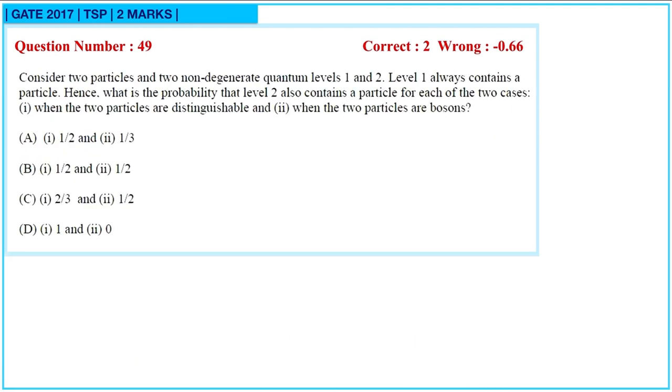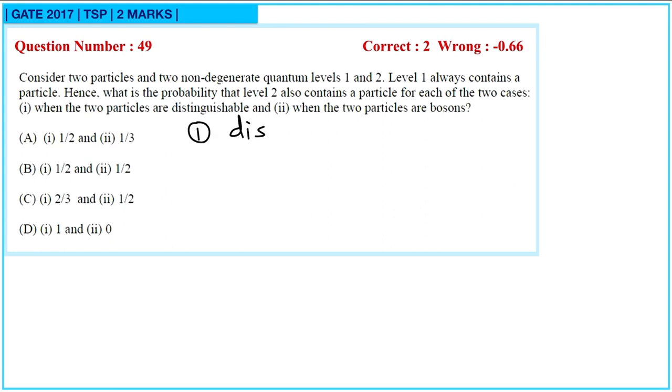Next question. Consider two particles and two non-degenerate quantum levels 1 and 2. Level 1 always contains a particle. Hence, what is the probability that level 2 also contains a particle for each of the two cases: when the two particles are distinguishable and when the two particles are bosons.